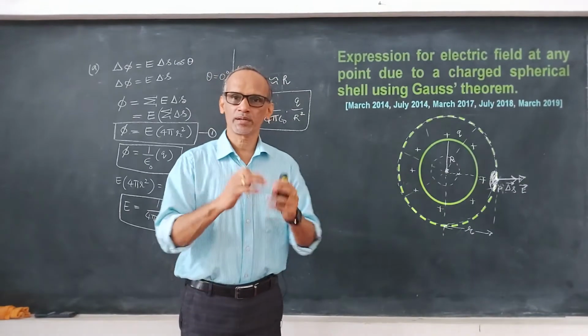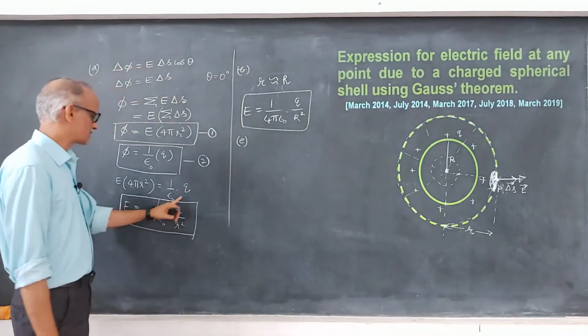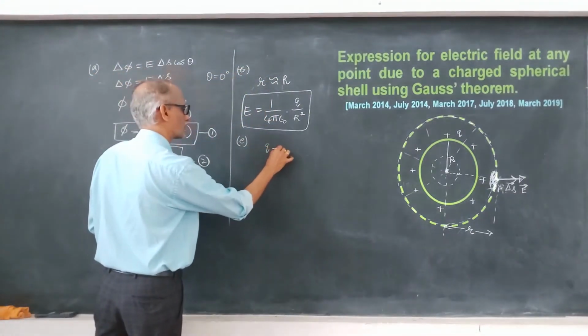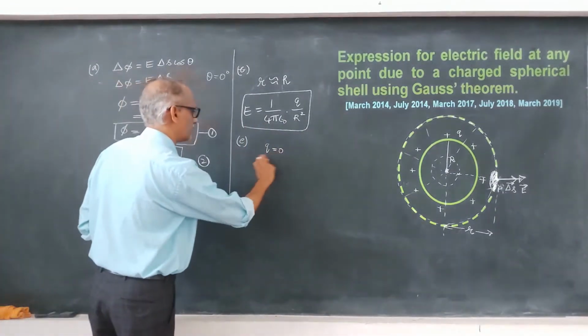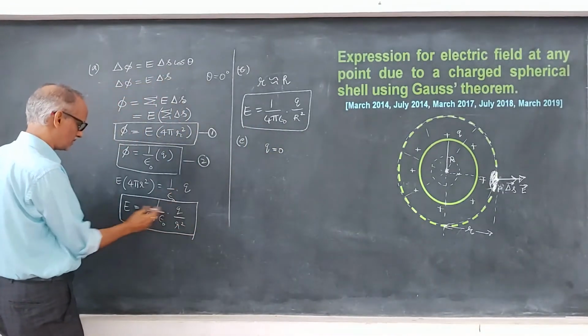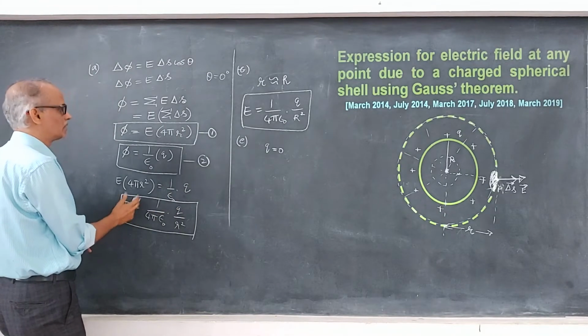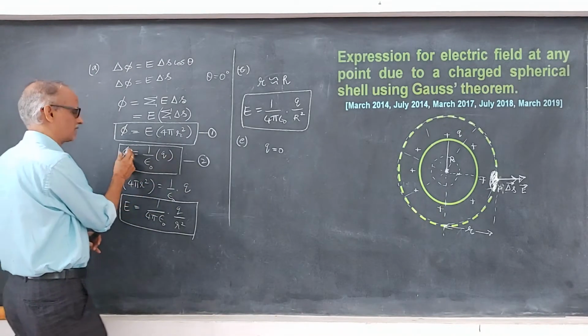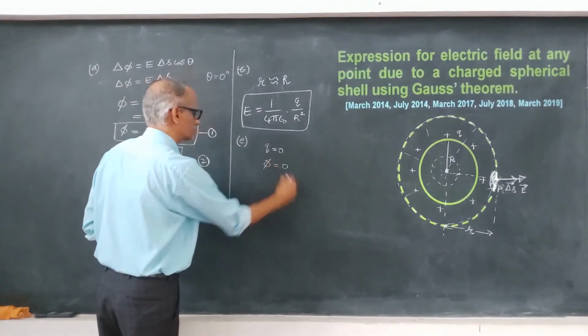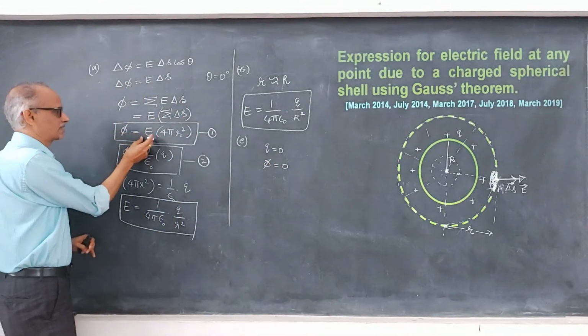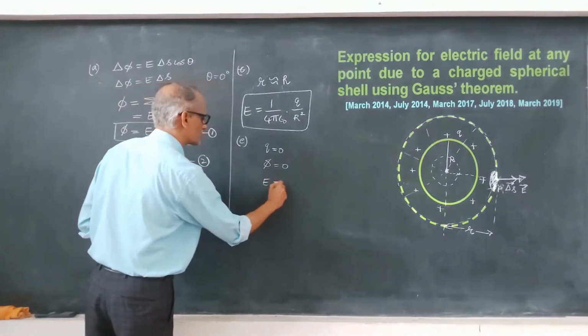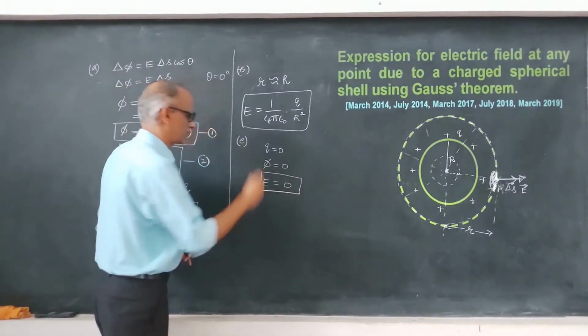And when the charges are not enclosed, Q is 0. Therefore, the flux, when Q is 0, E also becomes 0, right? Or you can even consider it like this, when Q is 0, flux is 0. And when the flux is 0, what is the electric field? Electric field is also 0. So, this is the third case.